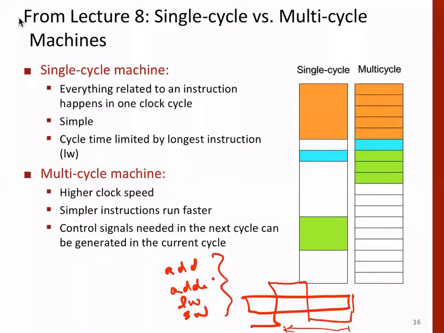So here in the diagram we show the single cycle one, wherein some instructions are going to take a long time, while some other instructions are going to take a short time, but we have to design the clock cycle such that the most complex instruction, or the instruction that takes the maximum amount of time, must finish in the clock cycle. Hence, some instructions do not use such a big clock cycle. So you can see there is free time available, right?